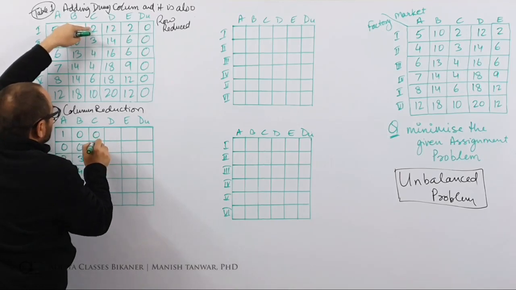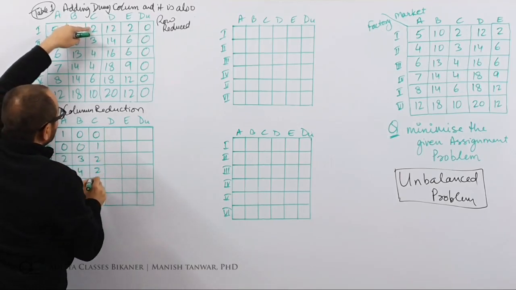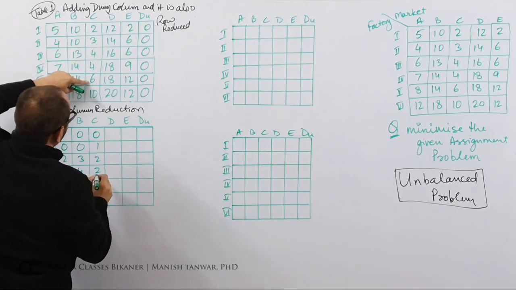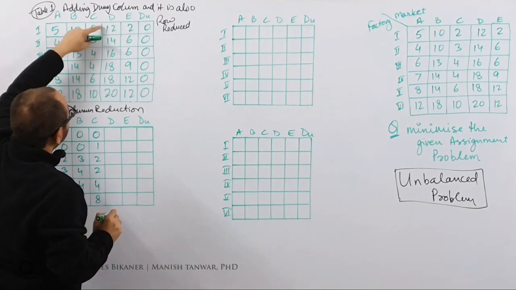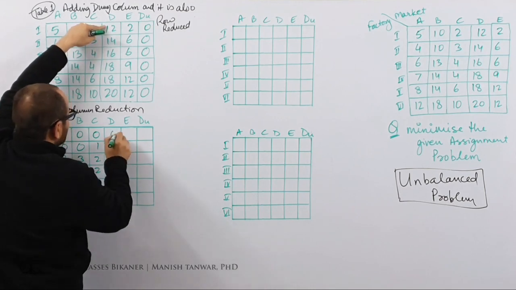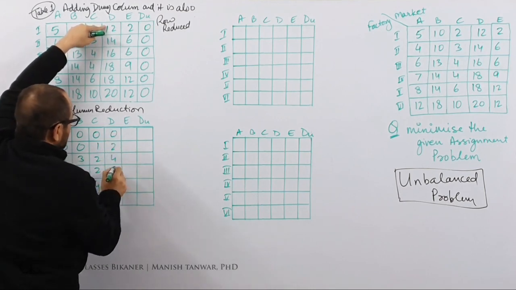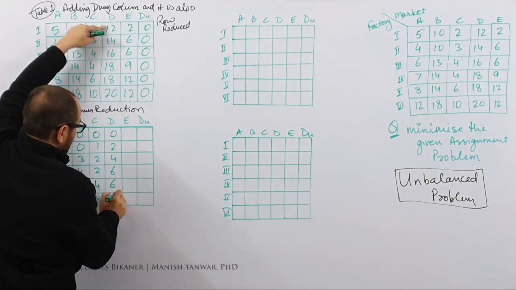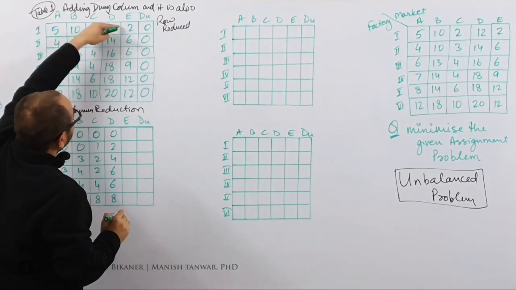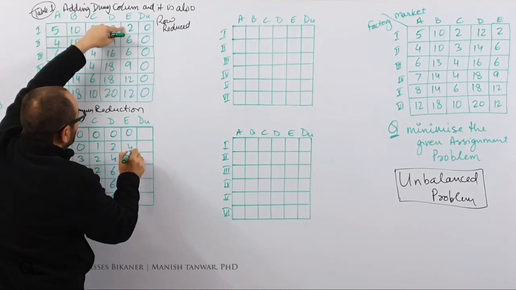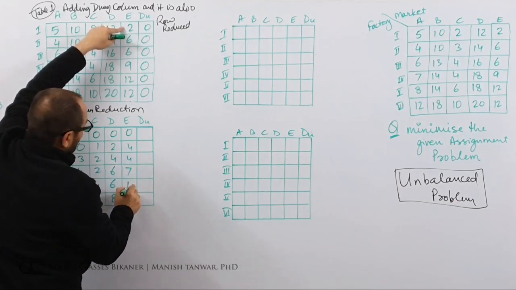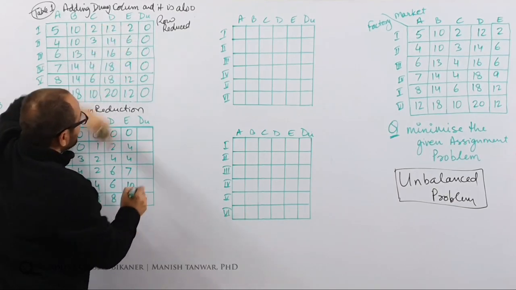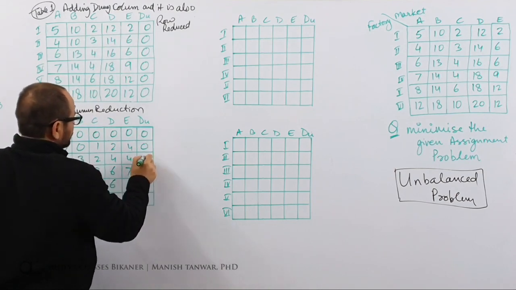You get 0, 1, 2, 2, 4 and 8. Then the minimum over here is 12, subtracted from all others: 0, 2, 4, 6, 6 and 8. The minimum over here is 2: 0, 4, 4, 7, 10 and 10. The minimum in this column is 0.